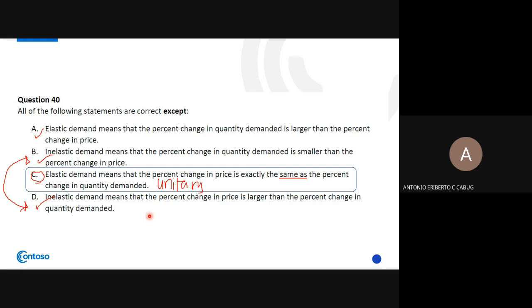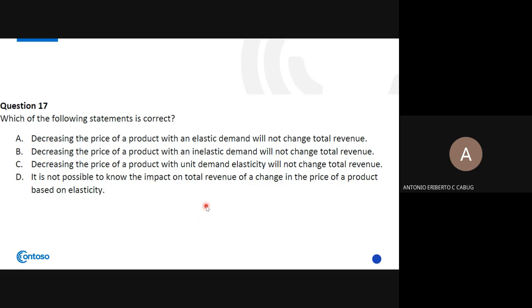So thank you for answering, everyone. I really appreciate it. Okay, yung mga iba ha, please answer together with your classmates. How about this one?